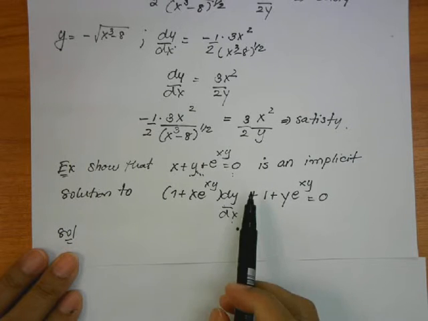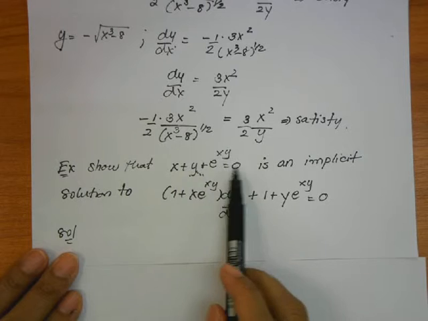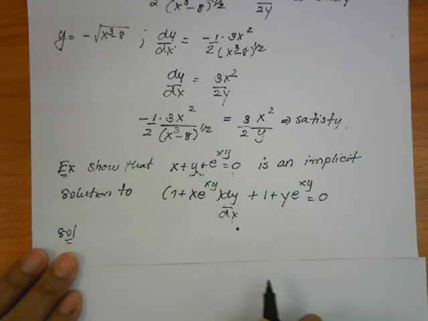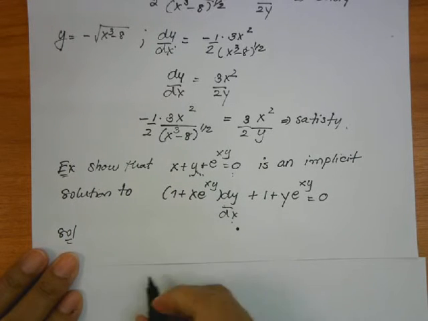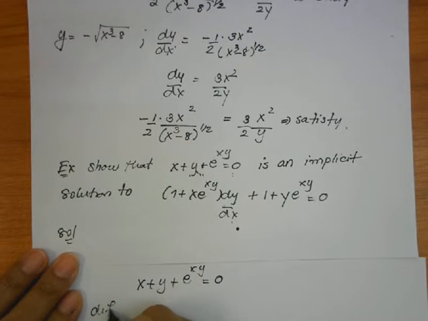So what we are going to do is the differential of this one to get dy by dx. We are going to do the differential of this equation by x.